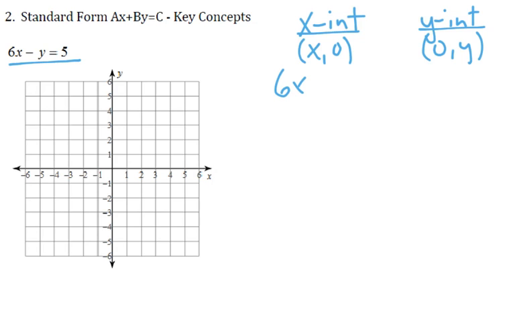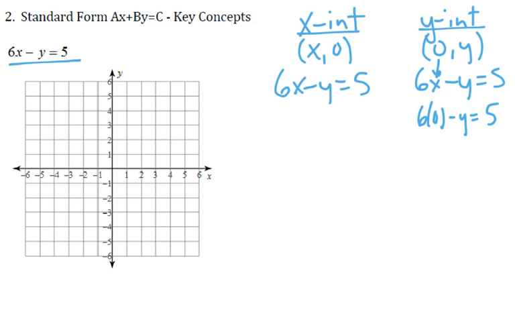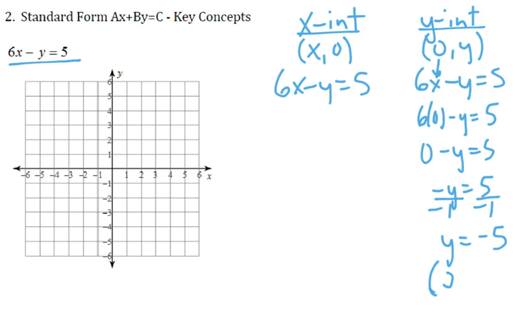In the equation, I simply mimic that, because I know that for the y-intercept, the x is going to be 0, and then all I have to do is solve for y to find out what the y value is. And it works every time when you're looking for the y-intercept. Just make that x 0 and solve for y. That gives me my y-intercept (0, -5).